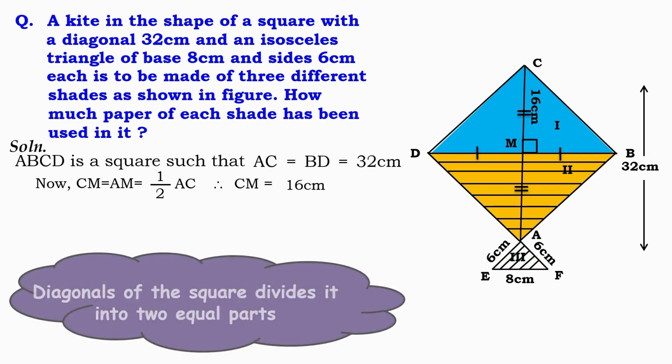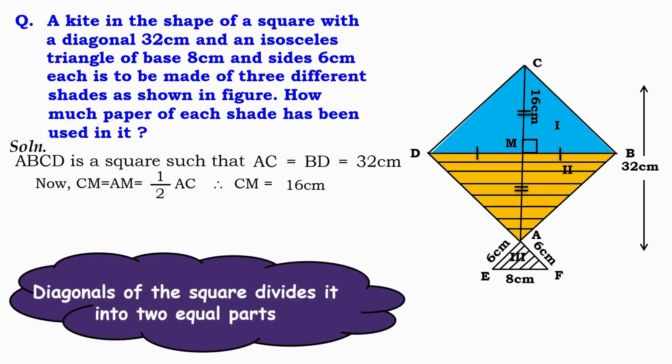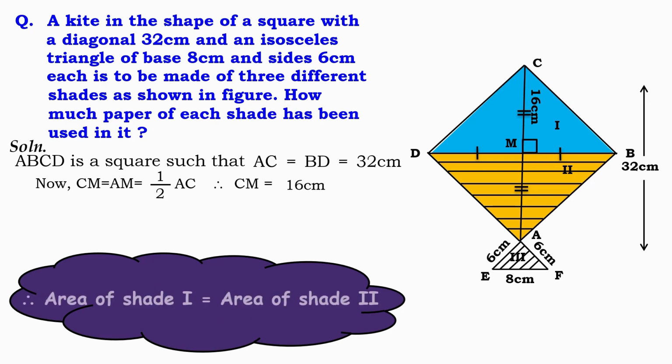Now the diagonals of the square divide it into equal parts, which we already know, right? So the area of shade 1 is equal to the area of shade 2. Since the diagonal equally divides the square, the blue and yellow areas will be the same. So if we find the value of the blue part, it will be the same as the yellow part.